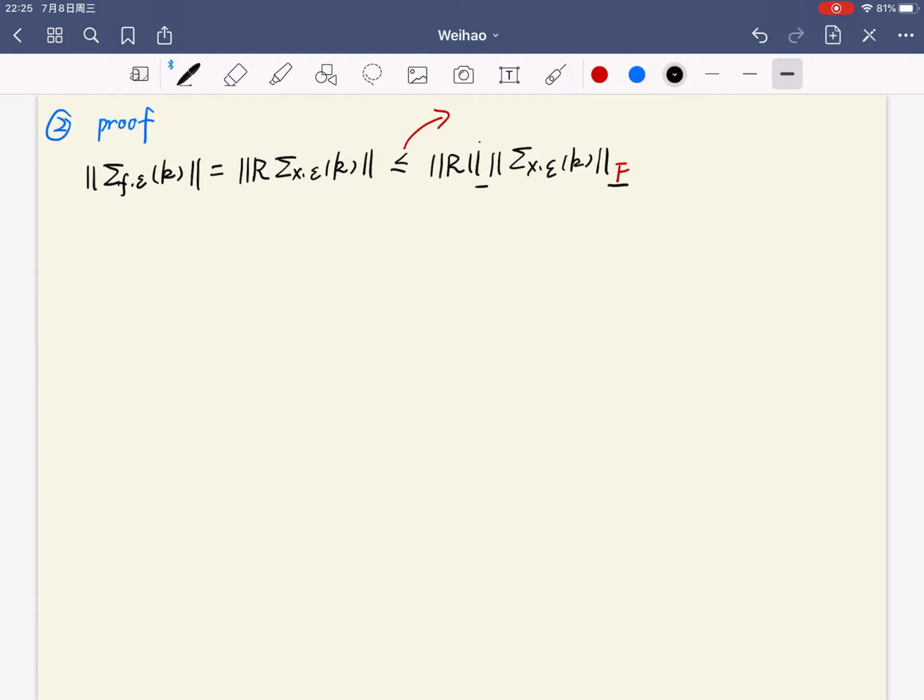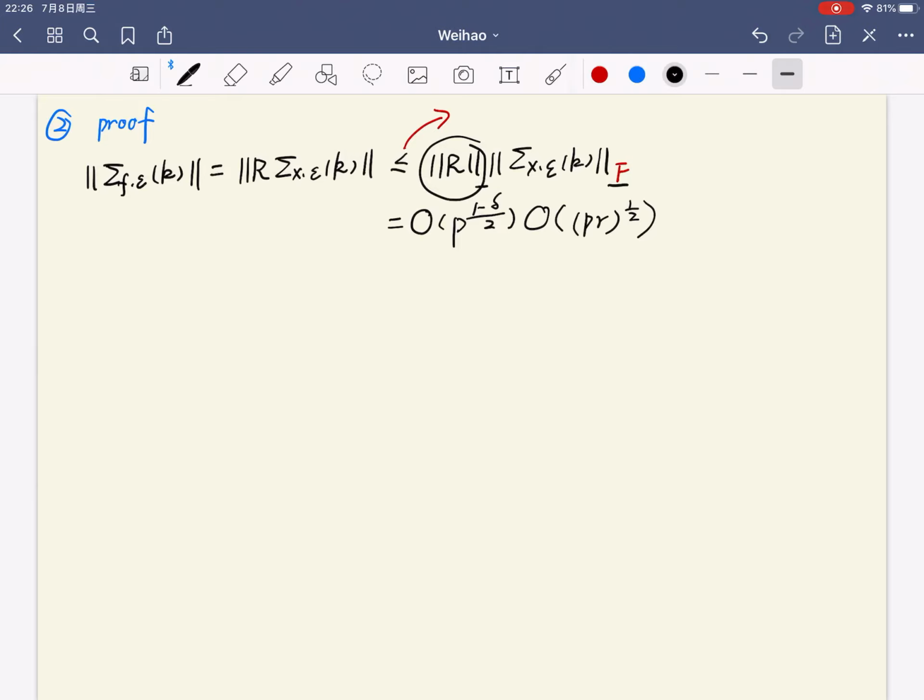Then the first part we have shown in part 1 is of this rate. And the second part is of square root p times r.